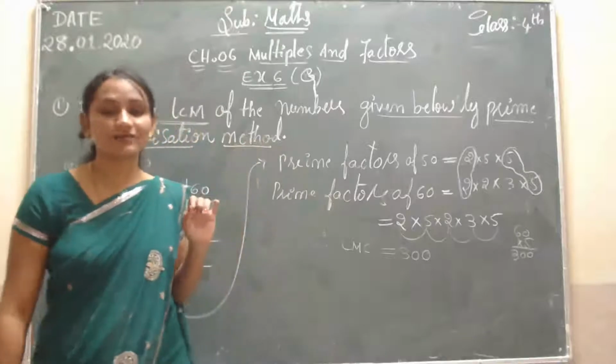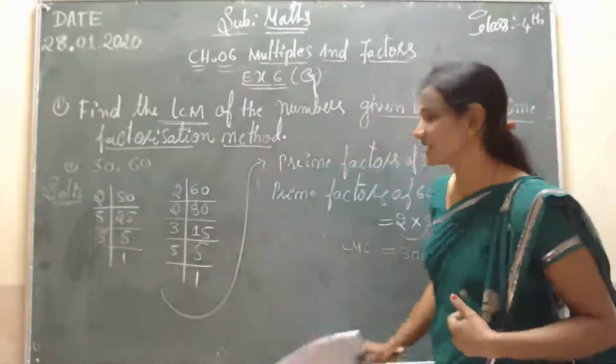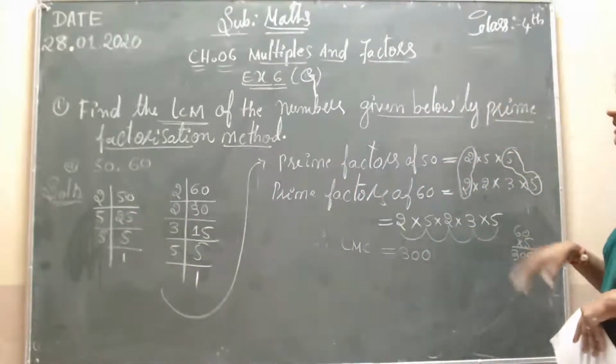In HCF, only the highest number you have to consider and multiply. But here, students, the least factors you have to consider.